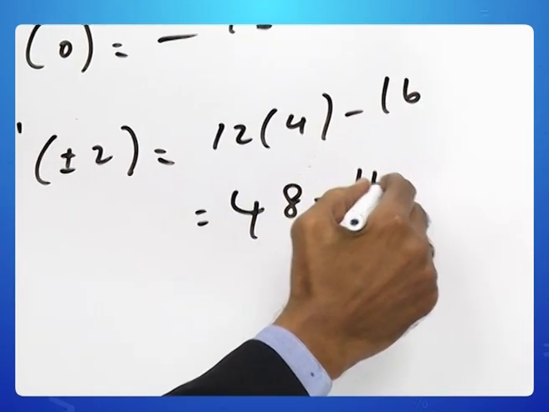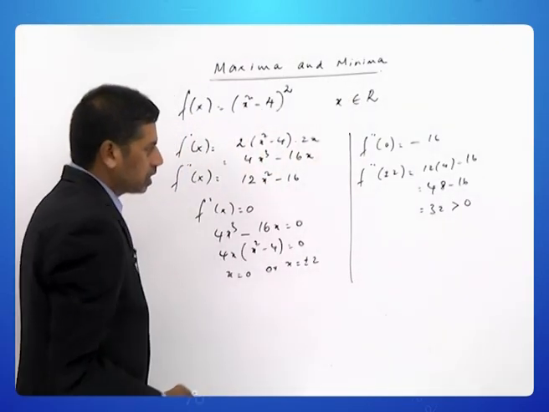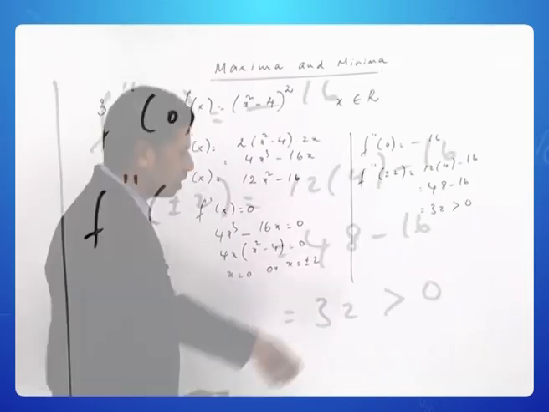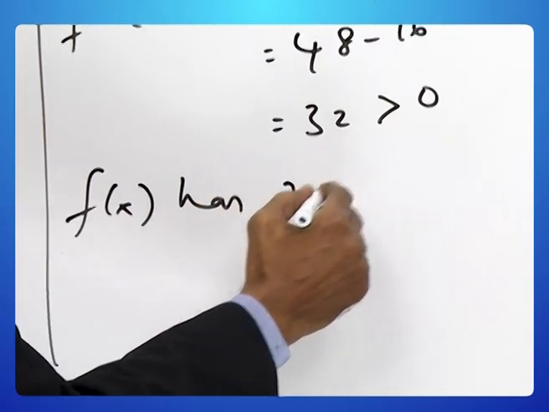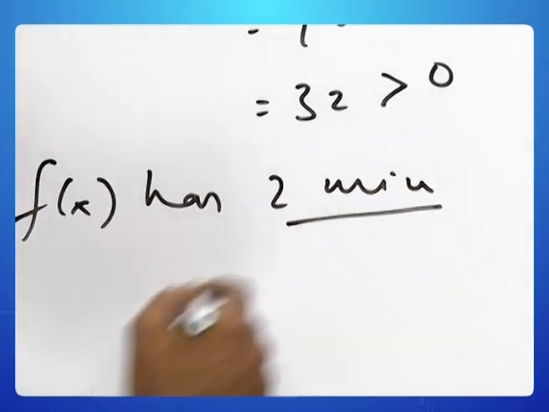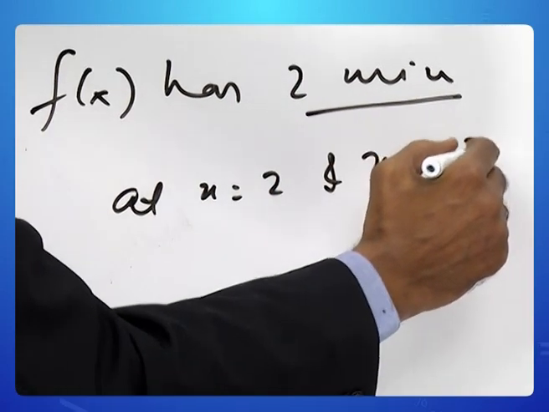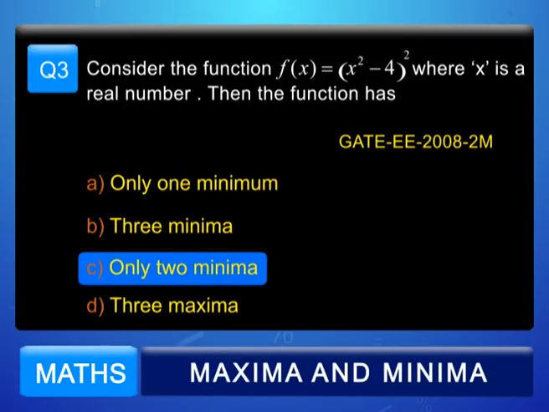This is 48 minus 16, 32, which is greater than 0. So you can clearly see that there are two minima at x is equal to plus 2 and x is equal to minus 2. So we can say f x has two minima at x is equal to 2 and x is equal to minus 2. So option C is correct for this problem.